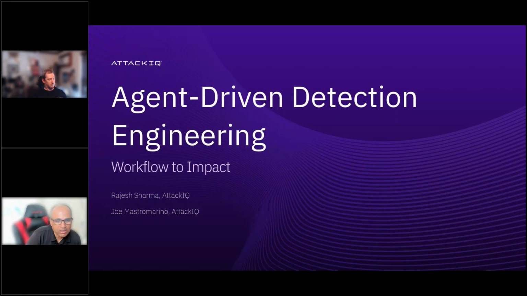My name is Rajesh Sharma. I'm the co-founder and chief architect at AttackIQ. For the last 3 years, I've been super focused on leveraging recent platform shifts for optimizing the AttackIQ engine for many different use cases, which Gartner puts under CTEM, continuous threat exposure management.